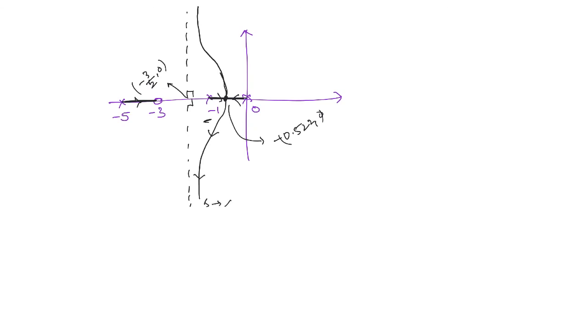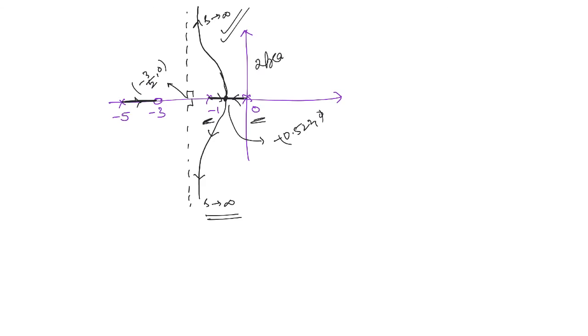S is tending to infinity here. Here also S is tending to infinity. So we have two starting points from minus 1 and 0, and we have two end points. One is tending away like this to the positive j omega axis and one to the negative j omega axis. So we have two start points and two end points, so we have two branches here.